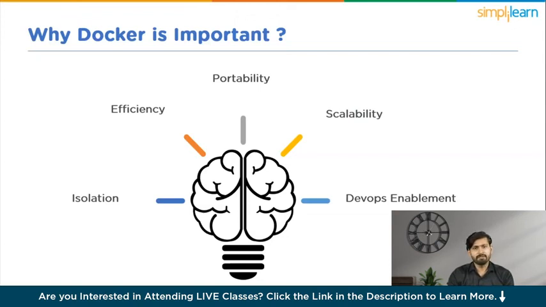With Docker, developers can package and deploy applications consistently, while operations teams can manage infrastructure more efficiently using container orchestration tools like Kubernetes. Overall, Docker simplifies the process of building, shipping, and running applications, which leads to faster delivery, improved reliability, and increased agility for organizations across industries.